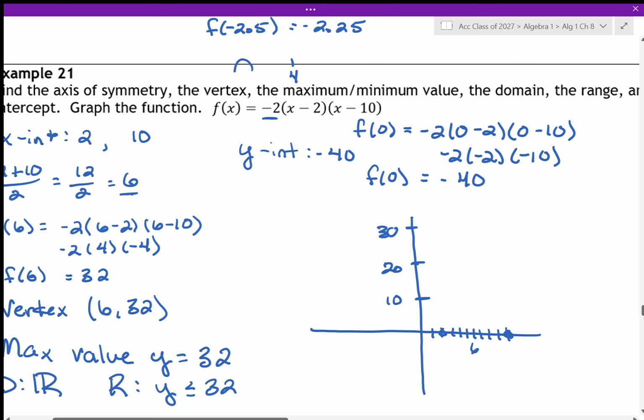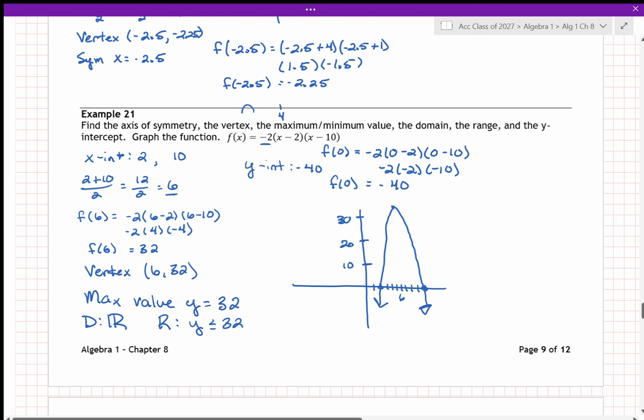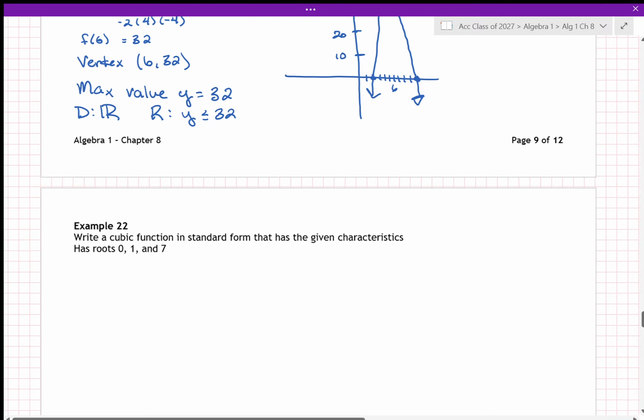There will be 6. So we'll be right in that region right there. Oops, I guess I should be a little bit higher than that, shouldn't I? And I'll draw in my curve. And there we go. All right, that's 21. Let's look and see at our next one, 22.